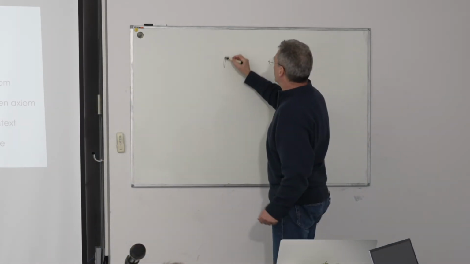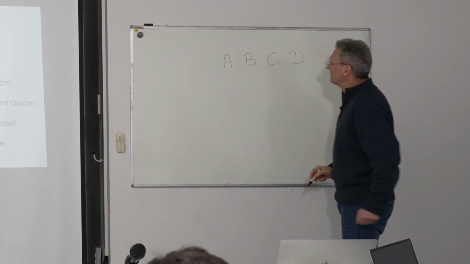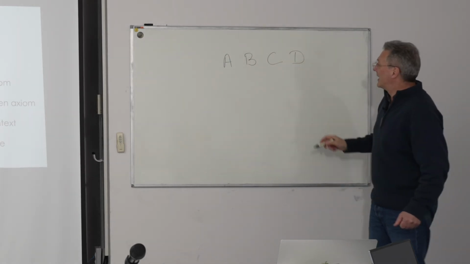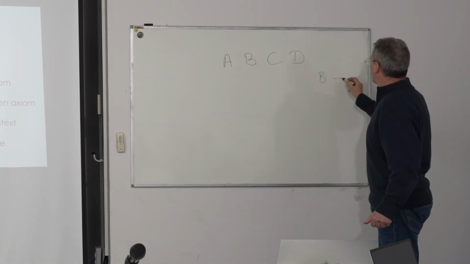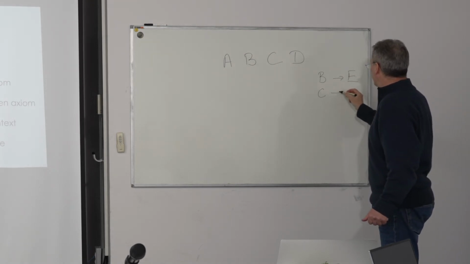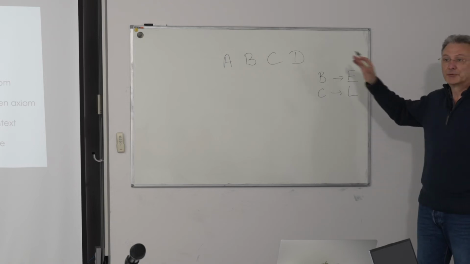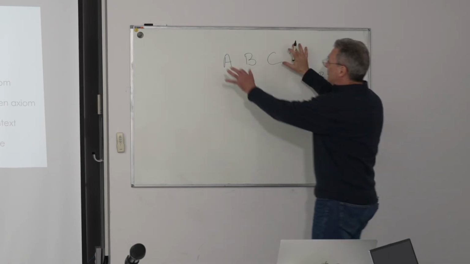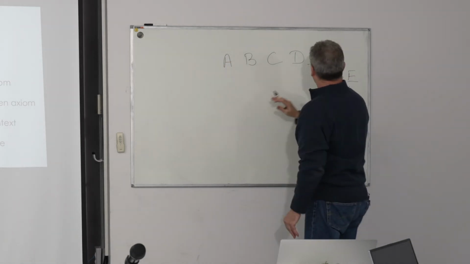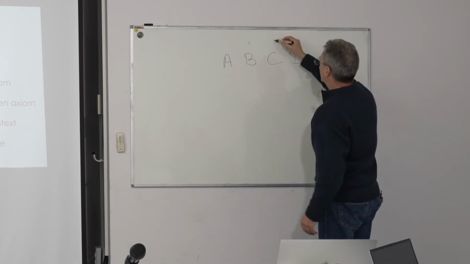Imagine that I have a string A, B, C, D, and I have a rule that says B becomes an E, and a rule that says C becomes an L. I just say it for B and for C, okay?